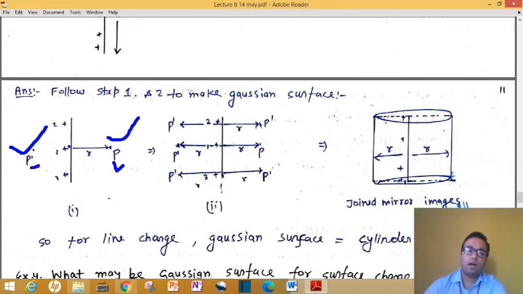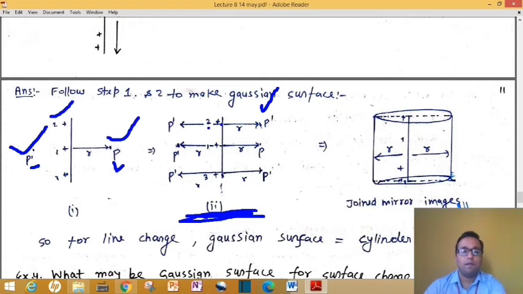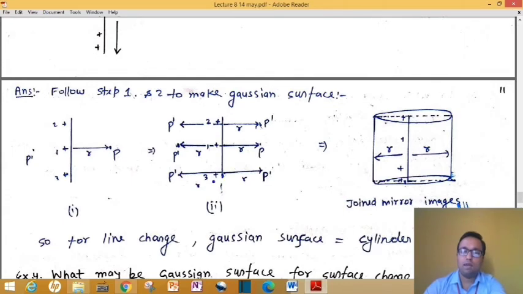But our charge is present at point 2 also, so in front of point 2 we again make a mirror image P dash. We have more charges on this rod, a charge at 3, plus dq, and again we make a mirror image, P dash.